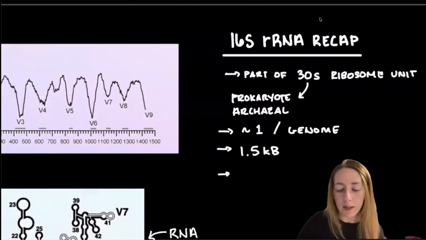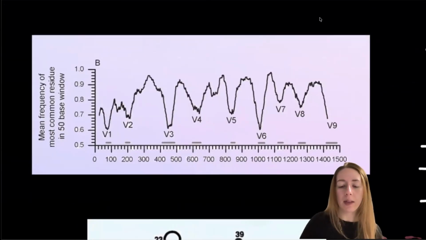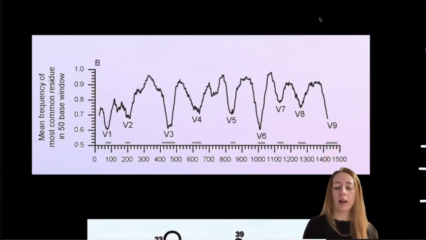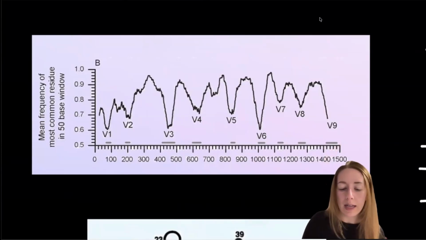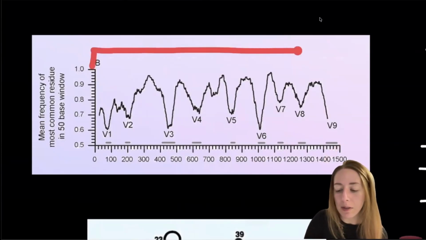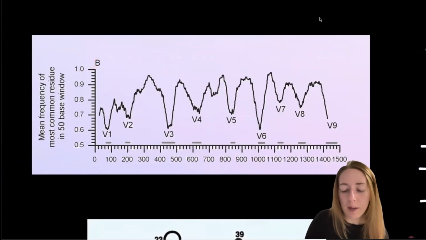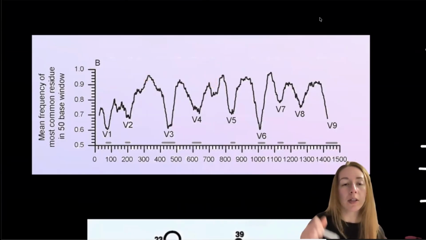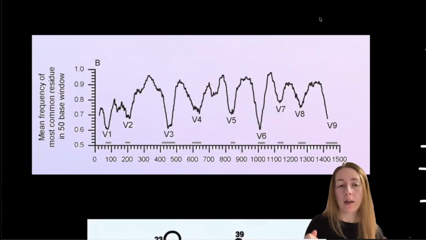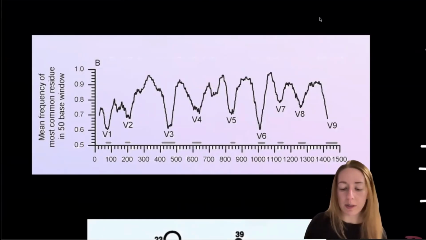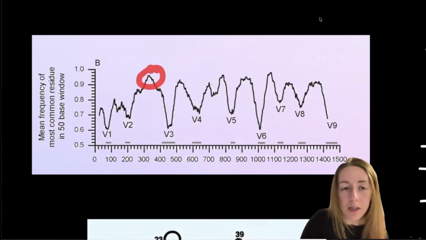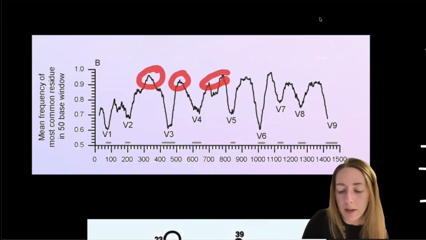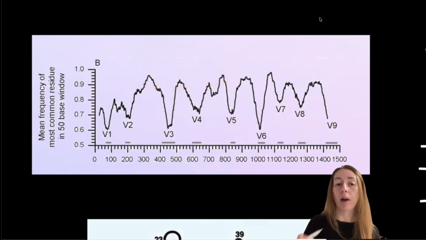The total length here that we see is 1.5 kb. Right, so that'll be over here, 1.5 kb, kilobases long. And if you want to sequence the entire thing, you can do that with nanopore. However, most people just look at this portion right here. And so these peaks and troughs basically represent how conserved or variable the sequence sections are. And so here is a very conserved region, as well as here. And so those are really great places to put primers, actually.